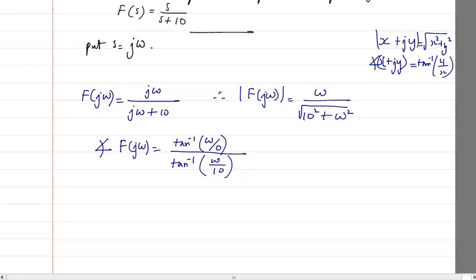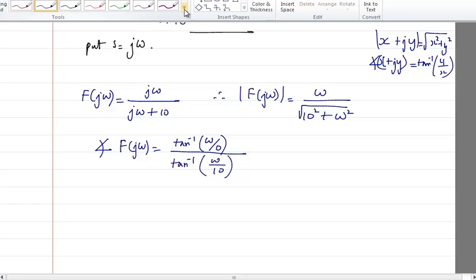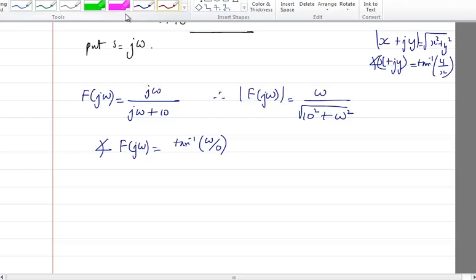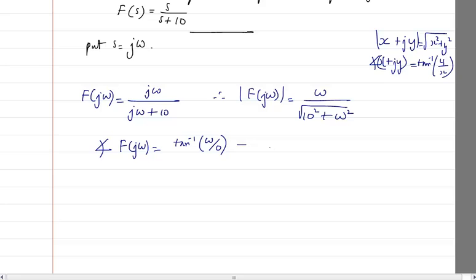It should not be written as division, sorry. In the case of angles, it is always going to be minus. So minus the tan inverse of omega by 10.